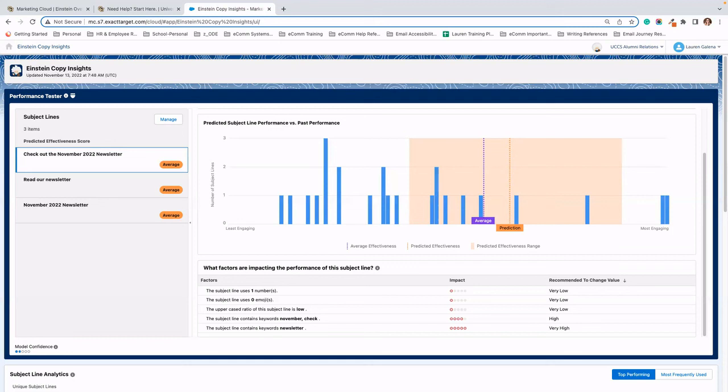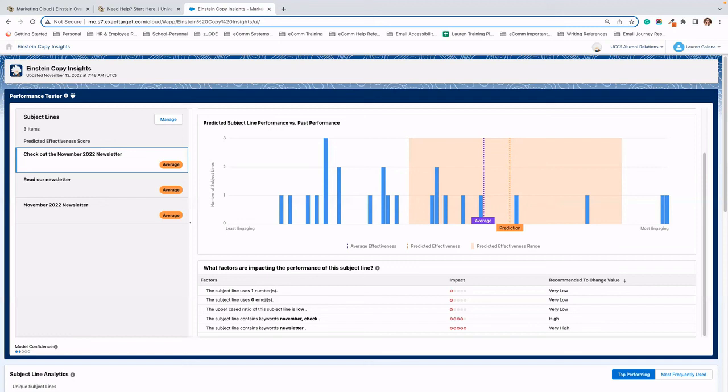Trying to think if there are any Einstein features that look at that. Claire, do you know off the top of your head? I don't think so, but I could be missing something. I don't think so either.